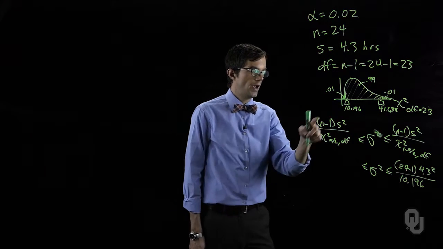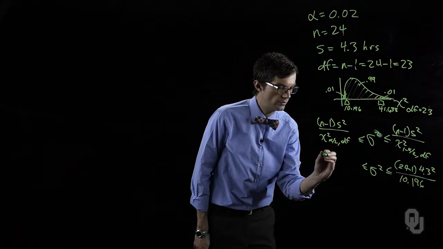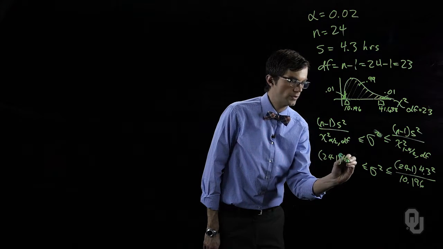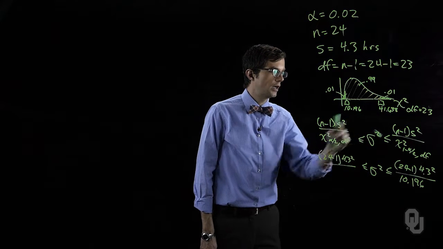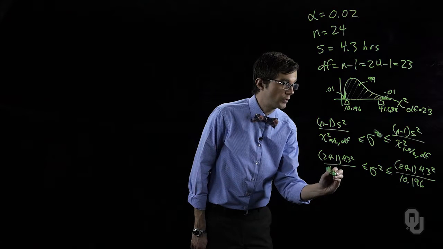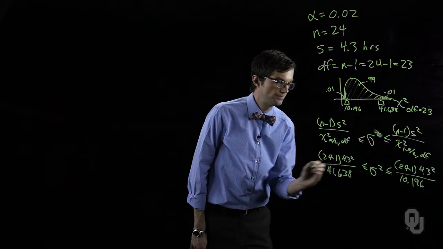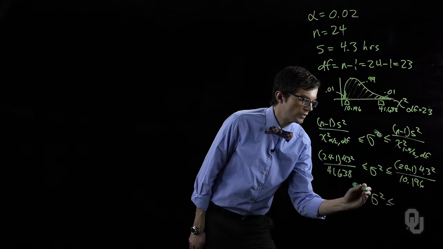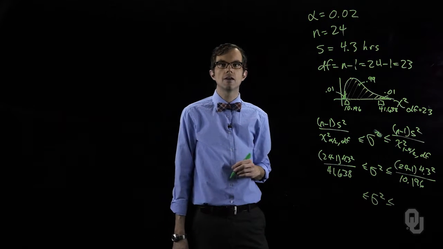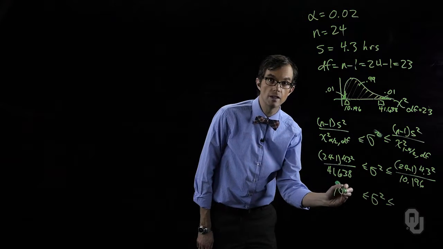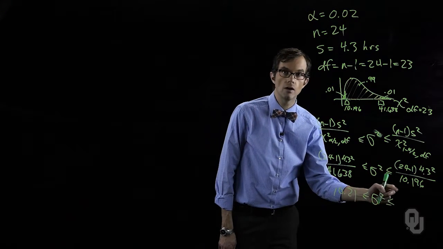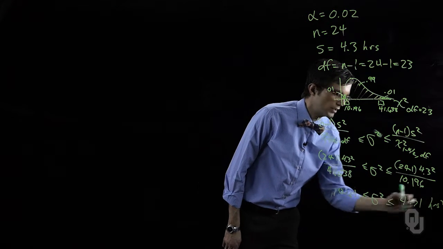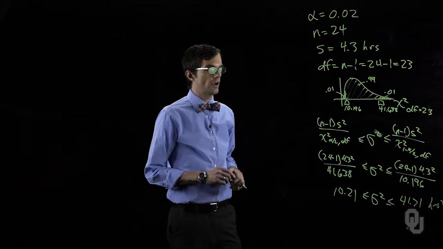And then the other value is 24 minus 1 times s squared, 4.3 squared, divided by the value in the upper tail, 41.638. This is just arithmetic at this point, and we get a lower bound of 10.21 and an upper bound of 41.71. And that's in hours squared because we are bounding the variance.